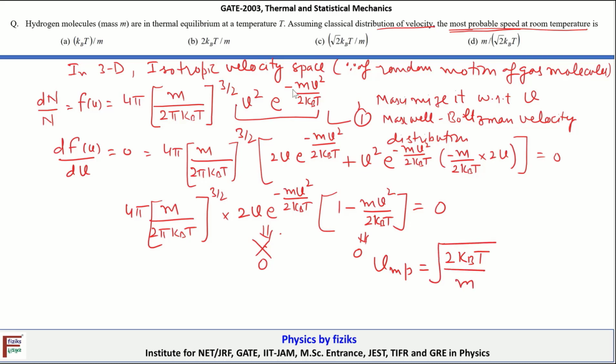So that's the expression for the most probable speed. Therefore C is going to be the correct option here.